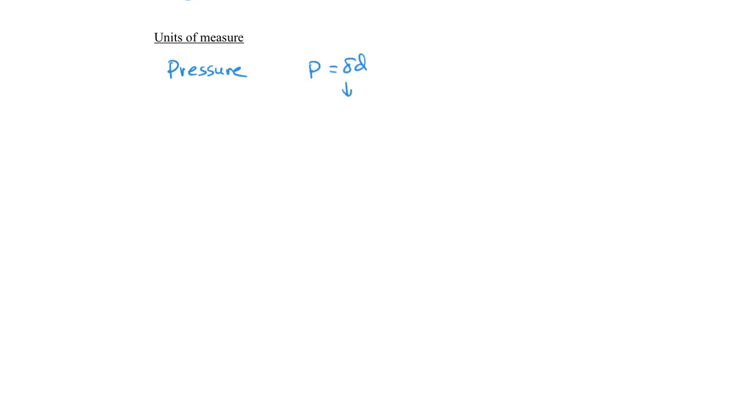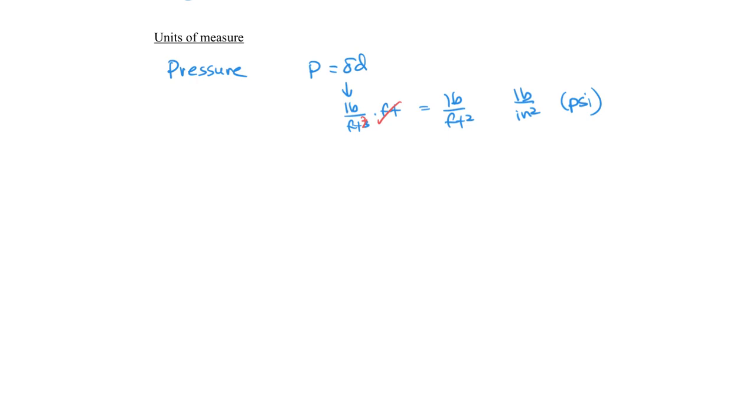So weight density in the U.S. system is pounds per cubic foot, and depth would be, of course, in feet, which means feet would cancel. It would take one of those, which would give us pounds per square foot.